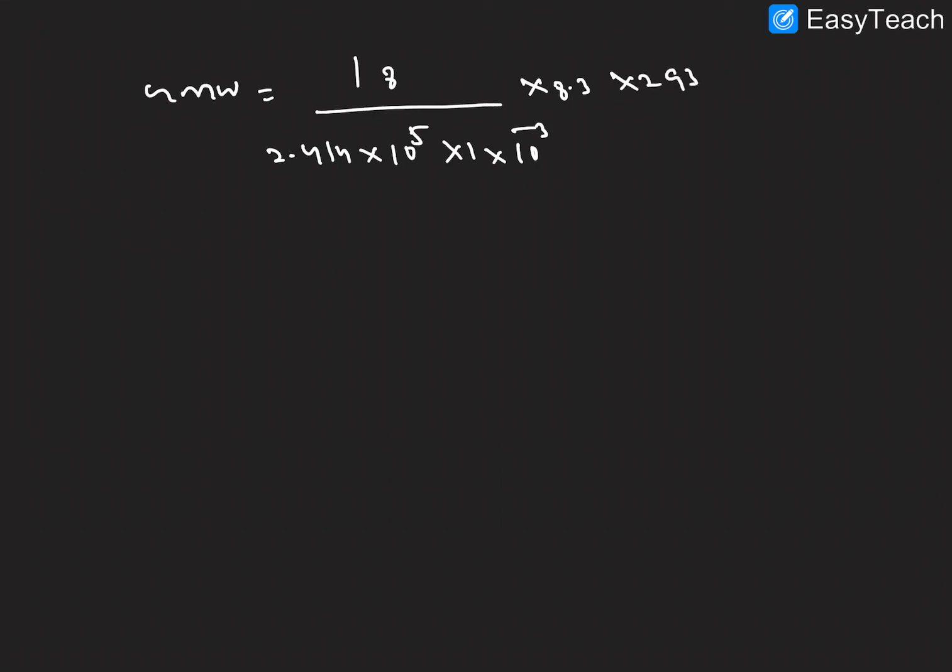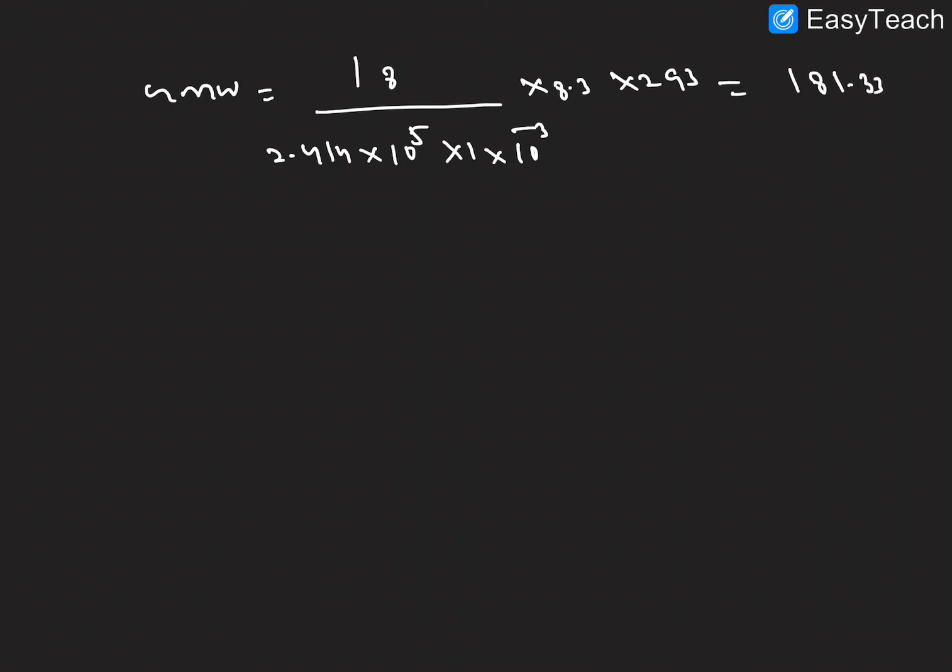Just rearrange the formula. So molecular mass, gram molecular weight, equal to 18 by 2.414 into 10 to the power of 5 into 1 into 10 to the power of minus 3 into 8.3 into 10 into 293 Kelvin temperature.